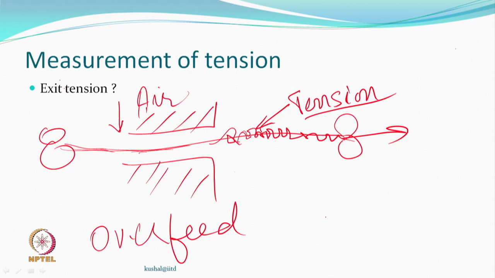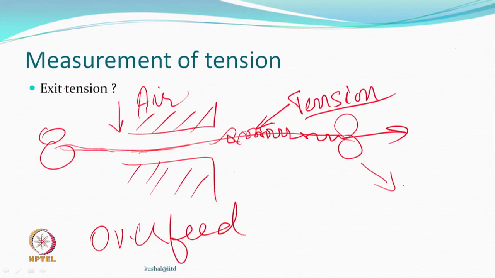Now, this tension would depend on the air pressure and the speed of the take-up roll, which means the overfeed, and so there is tension. Not having a tension would mean that it is going to become loose. That is not something which you would like. So, tension is there, and you measure the tension.